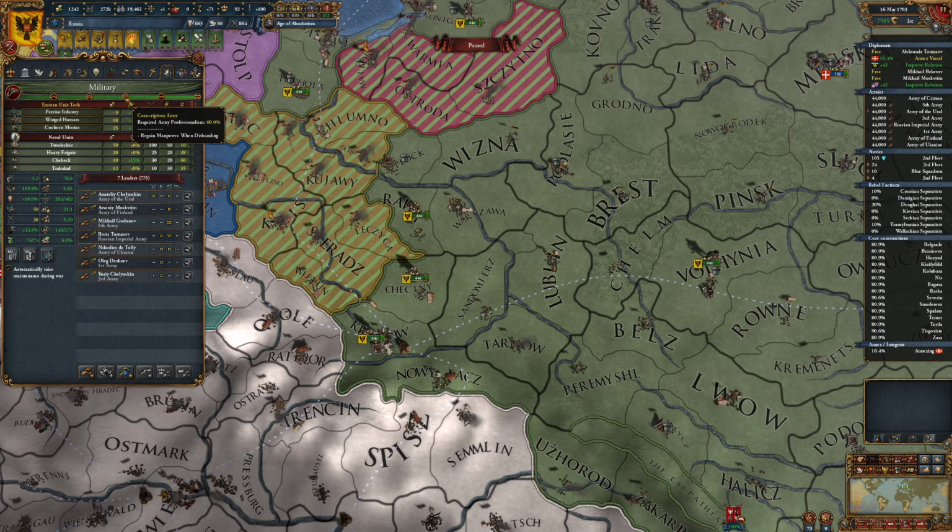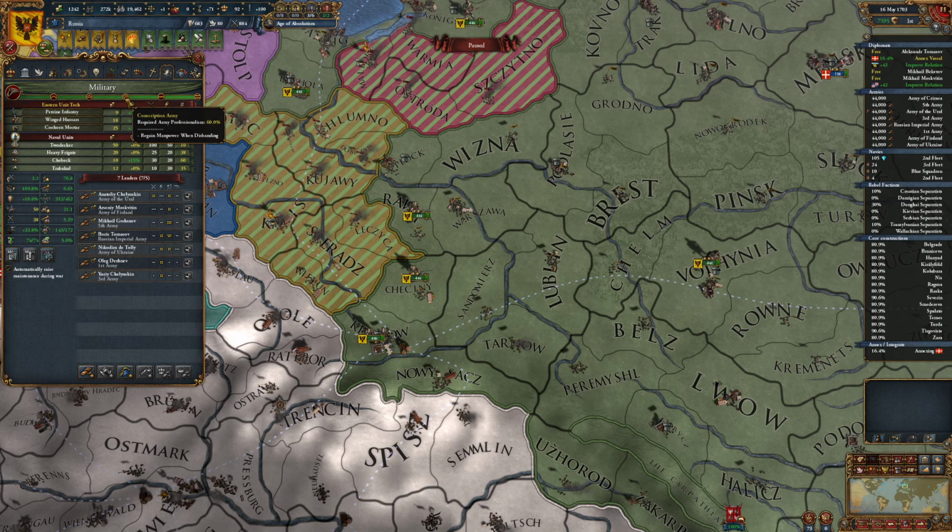But you should have that, especially at this point in the game. Take the Streltsy and then disband them immediately. That way you don't have to deal with the upkeep.